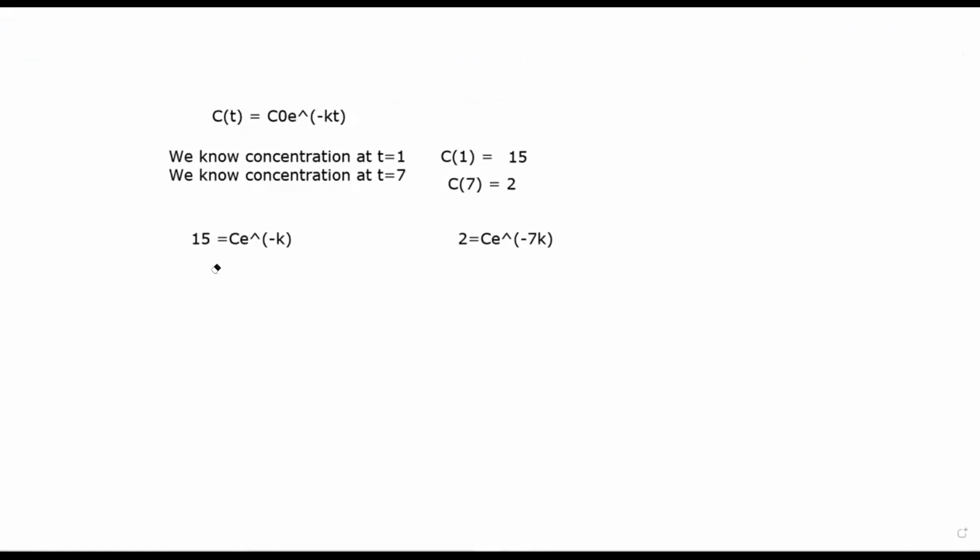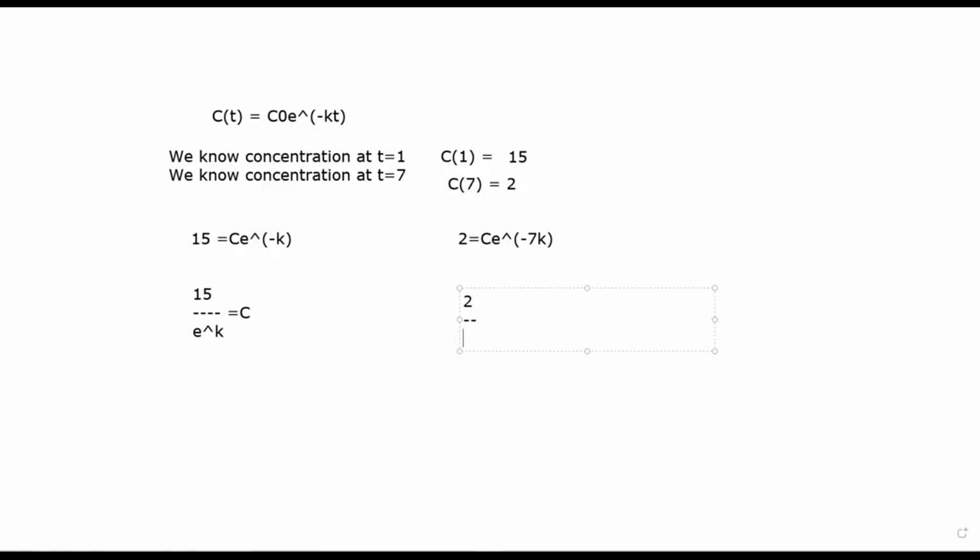So we're going to set 15 over e to the k. This is going to be 15. We're going to divide it by e to the k. So this is e to the k power. And that's equal to c. And this one is 2 over e to the 7k.